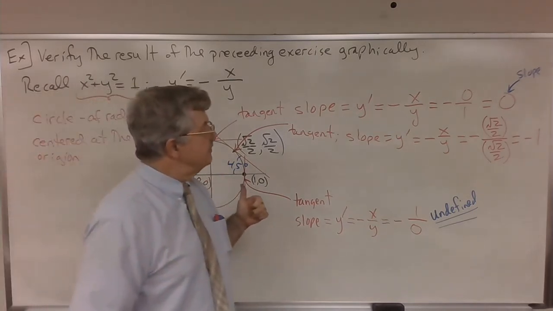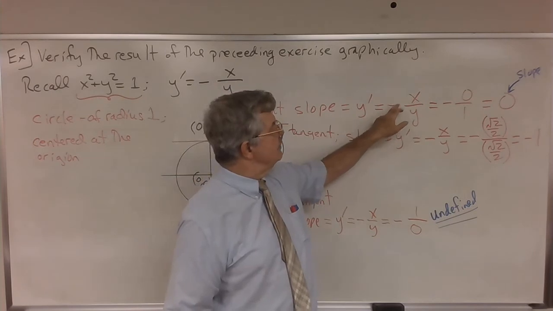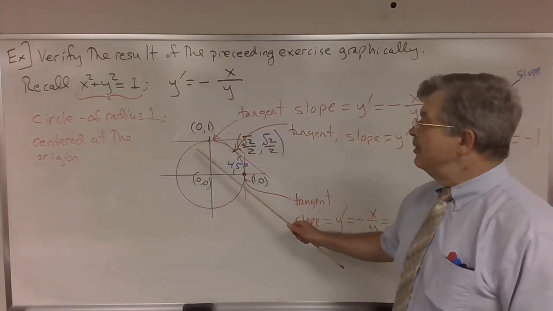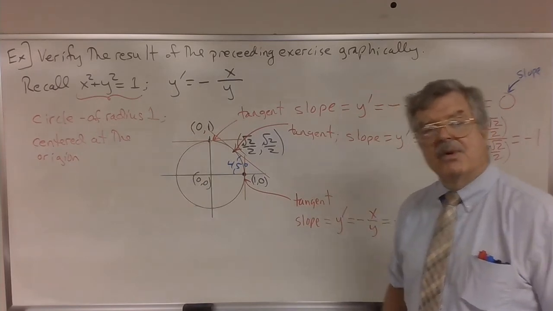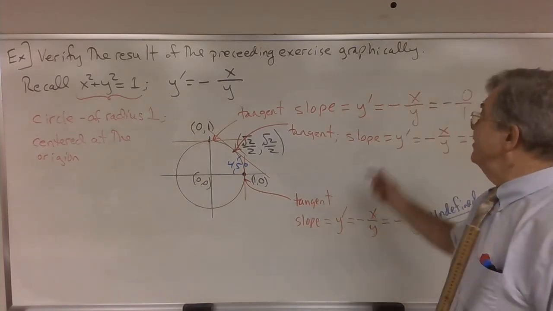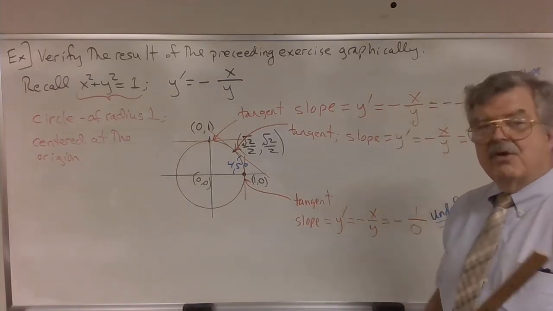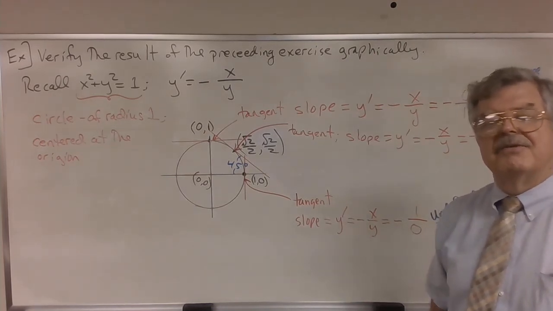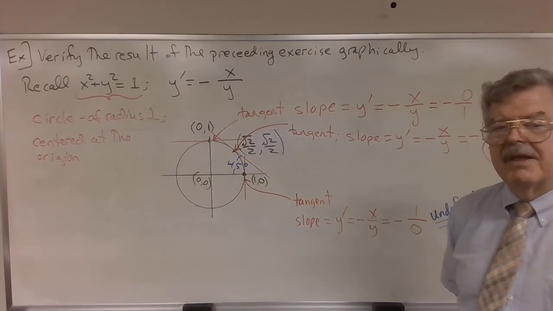The derivative that we computed, y prime equals negative x over y: pick any point on this circle, plug in the coordinates, and this will give us the slope of that tangent. So this confirms our result graphically.